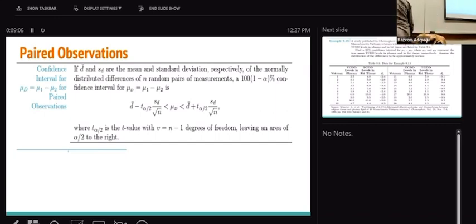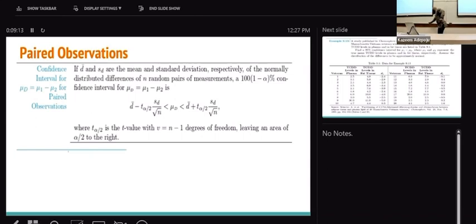I'm going to write something now. We're going to use a z-score that has to do with this formula. Now, when do we use this?